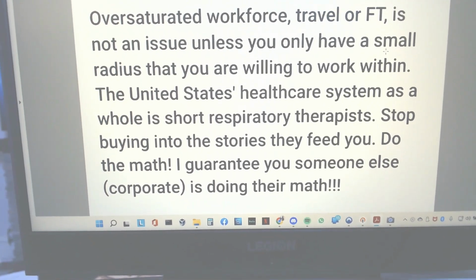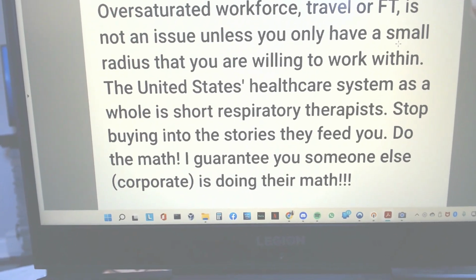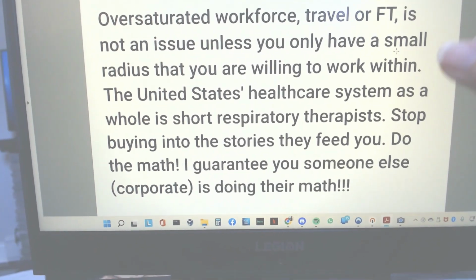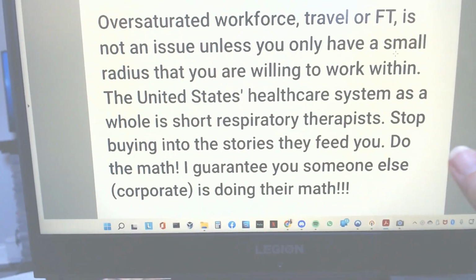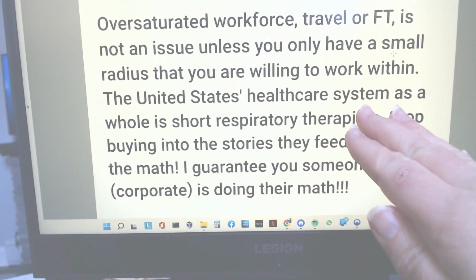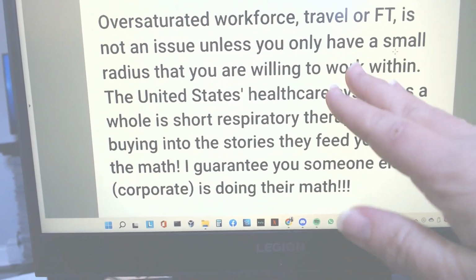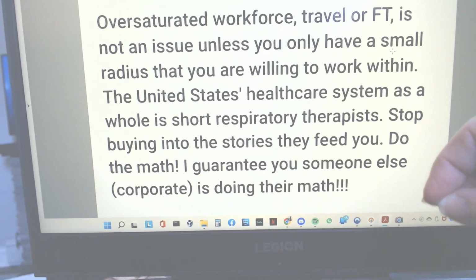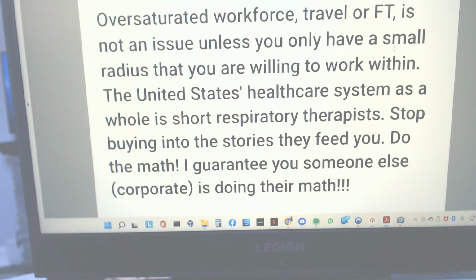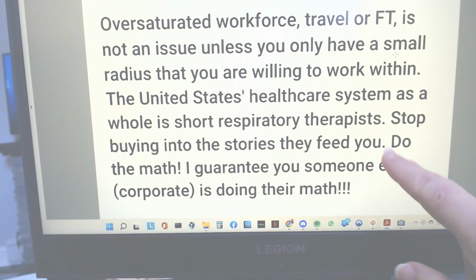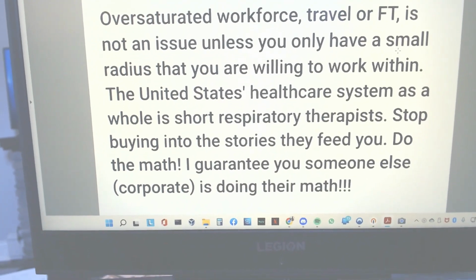The United States healthcare system as a whole is so short on respiratory therapists and RNs. I mean, you can look these numbers up yourself. See how many therapists there are. I have these numbers, I just don't have them here, but you see how many there are in the US. Look up how many hospitals there are in the US. Divide it, and you will see you're not ever going to be without work.